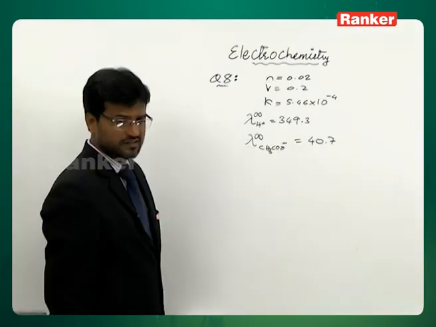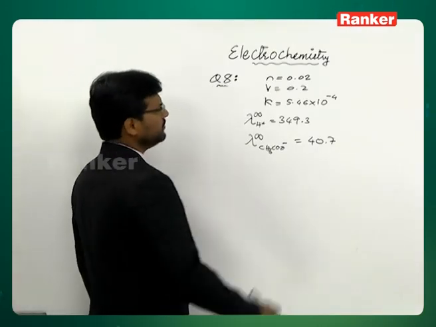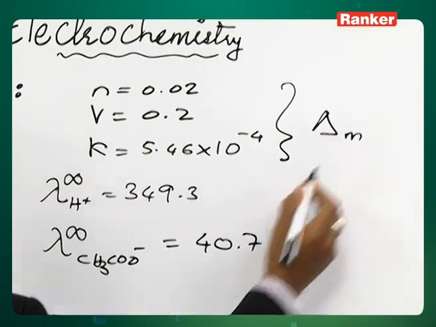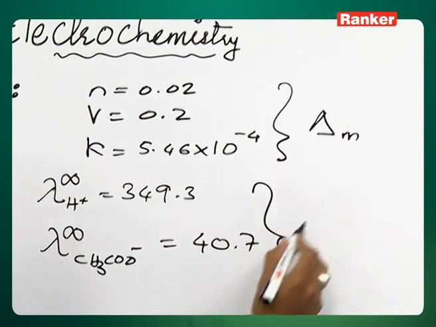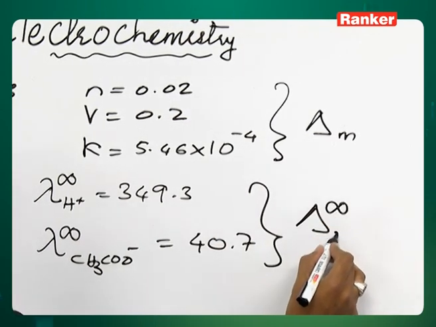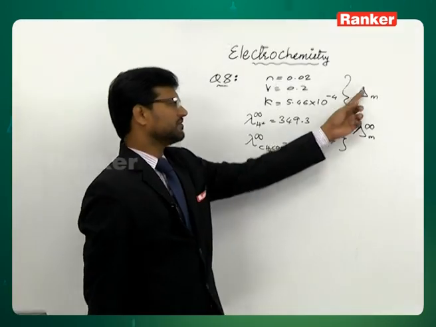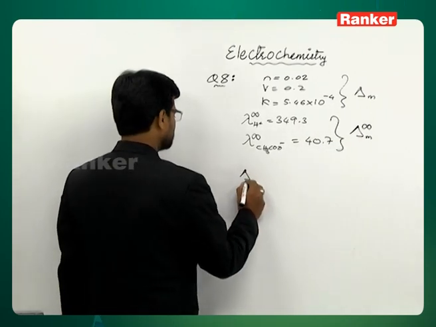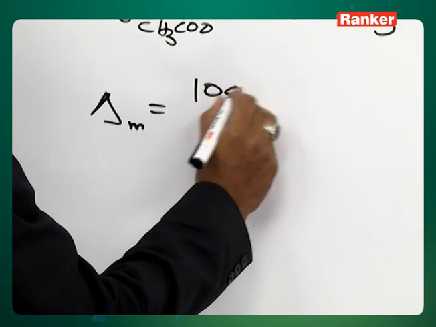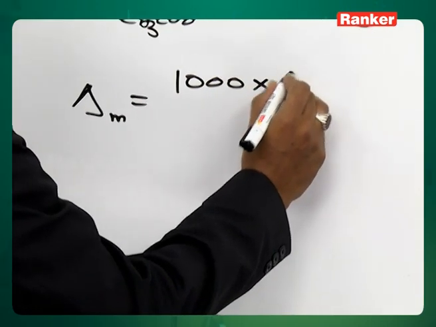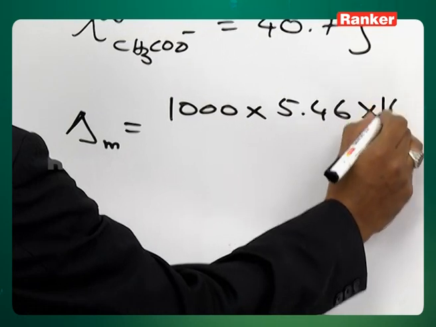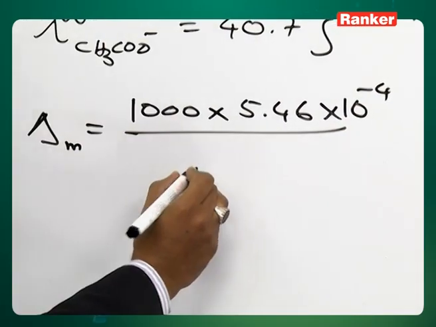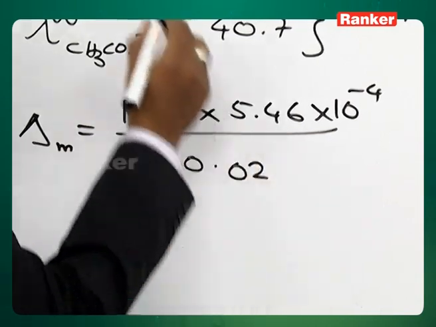Now what is asked is the degree of dissociation. Using these values, you can find lambda m, and using the ionic conductances you can find lambda infinity m, and the ratio of the two gives alpha. Lambda m equals 1000 into kappa, that is 5.46 into 10 raised to minus 4, divided by molarity, 0.02 divided by 0.2.